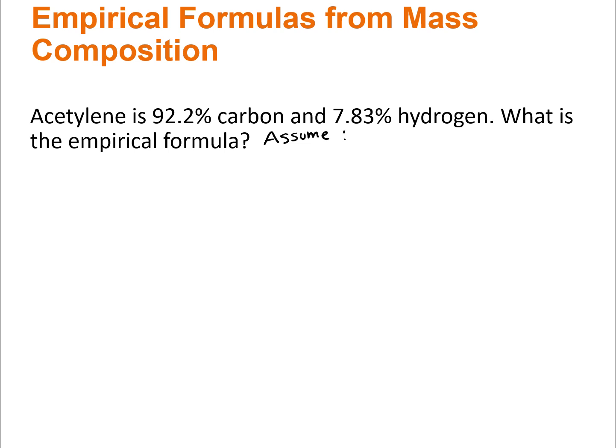If we assume that we have 100 grams of our compound, then instead of 92.2% carbon, we would have 92.2 grams of carbon and 7.83 grams of hydrogen in our compound. This is the only way that we can figure this problem out.